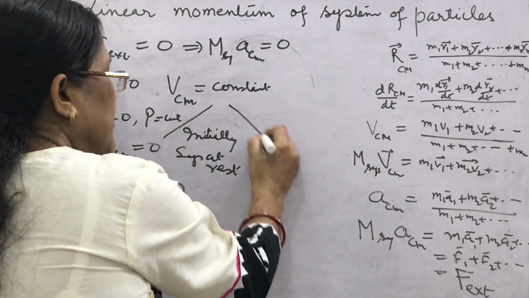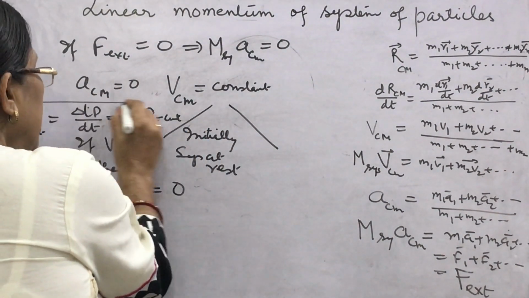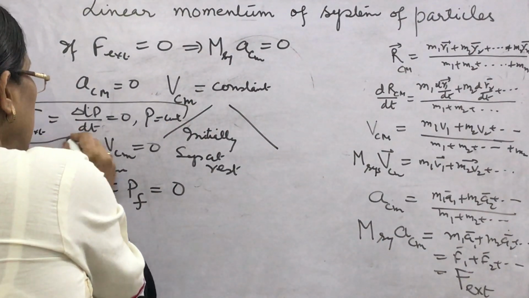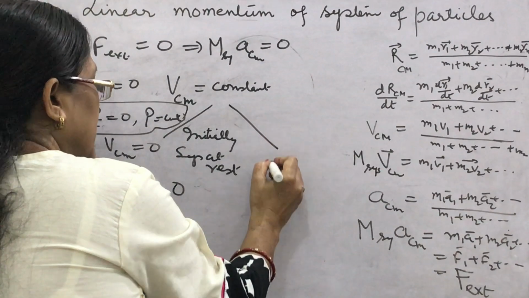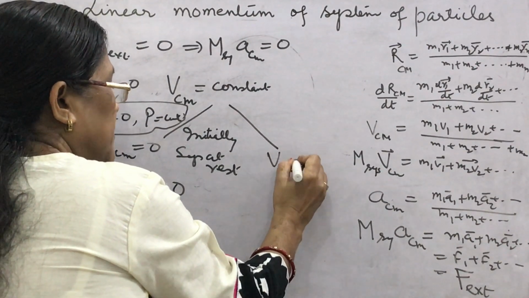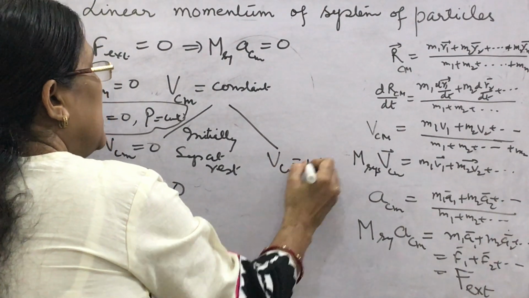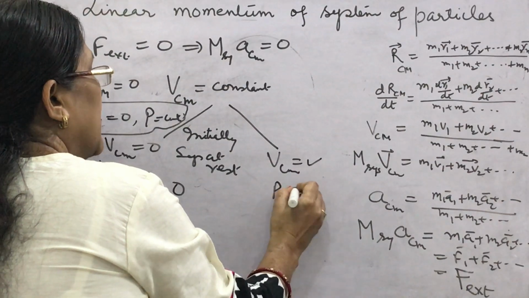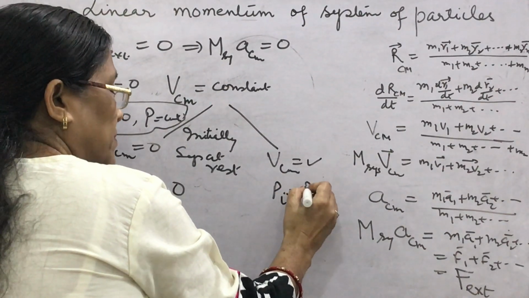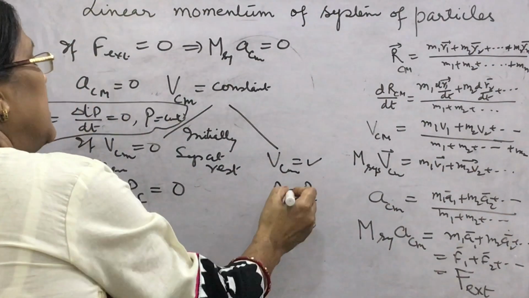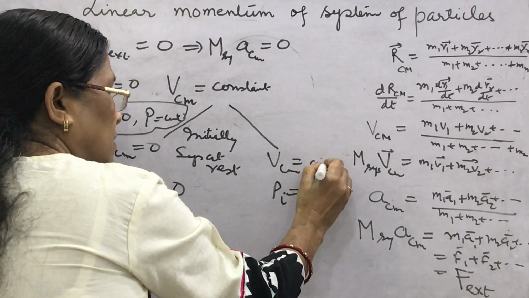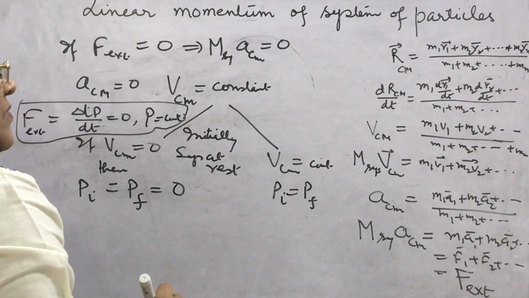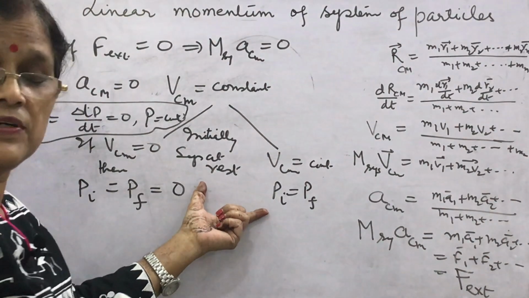And if momentum is constant, for F external to be 0, then if initially VCM has some value, finally that value of center of mass velocity will be there, it will not change, VCM will remain constant. So what is this? Newton's first law.